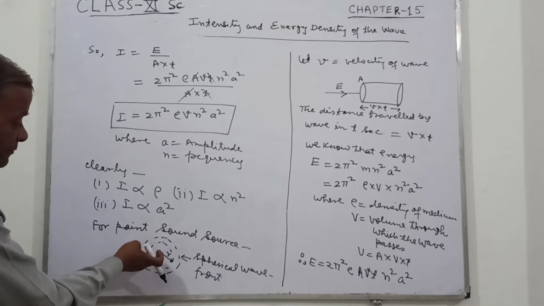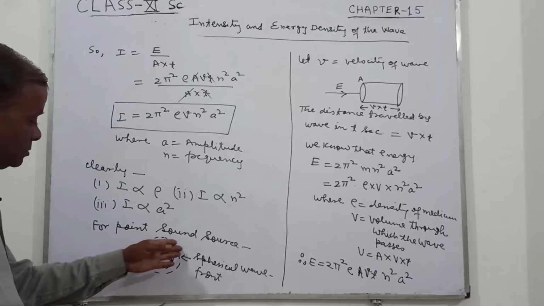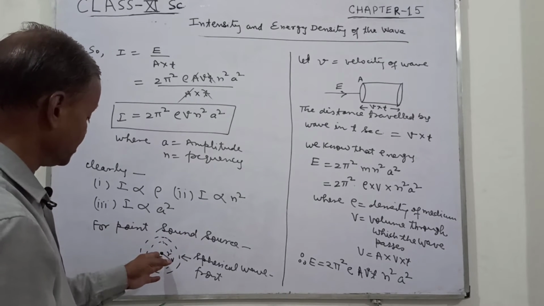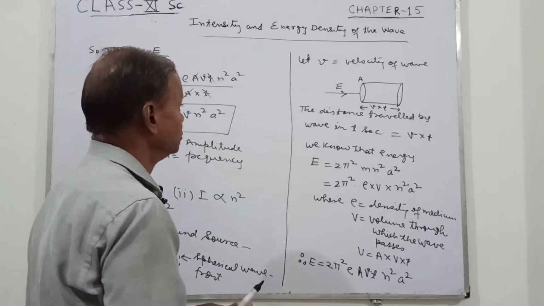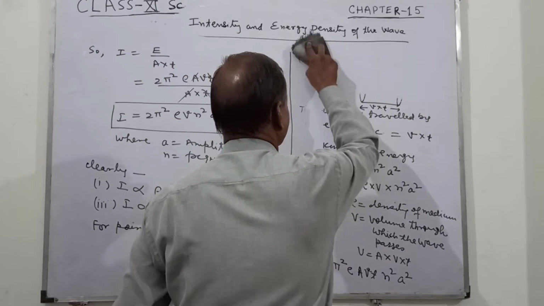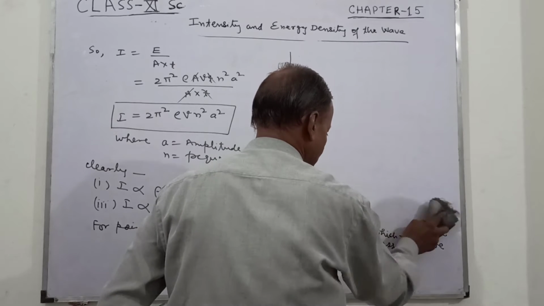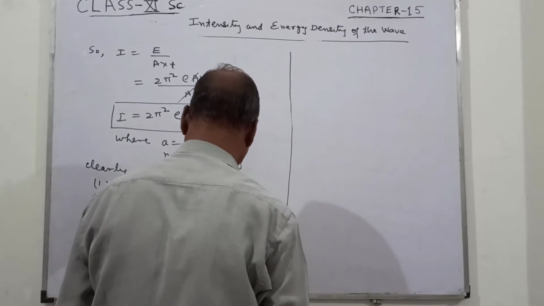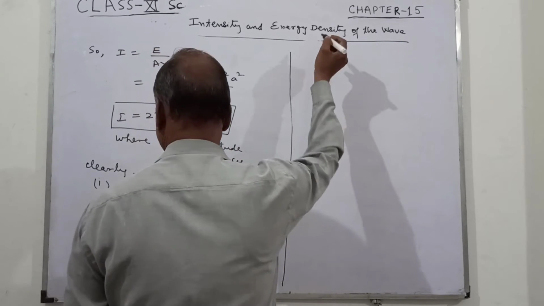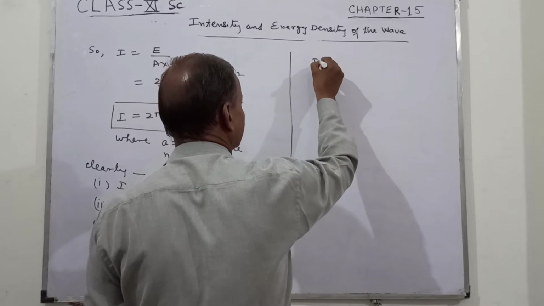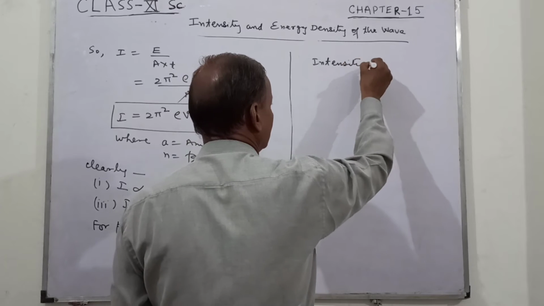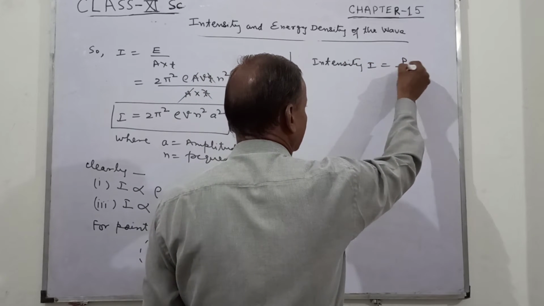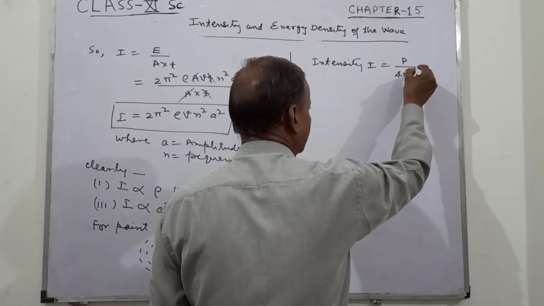The sound source will have some power P. So for this kind of source, intensity I equal to P upon 4 pi R square.